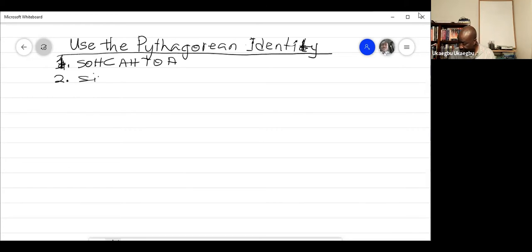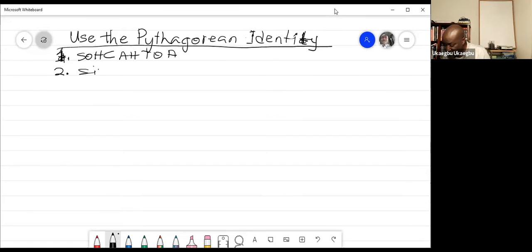The second one is tangent theta is equal to sin theta over cos theta. These are the formulas we must remember.